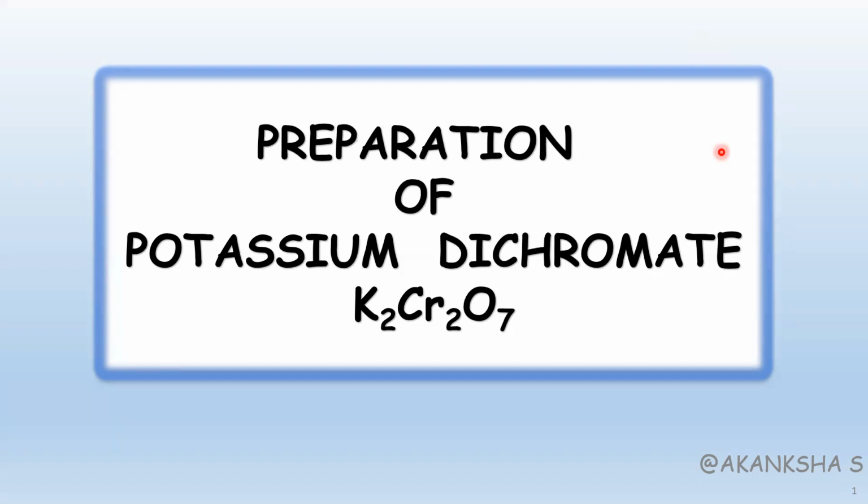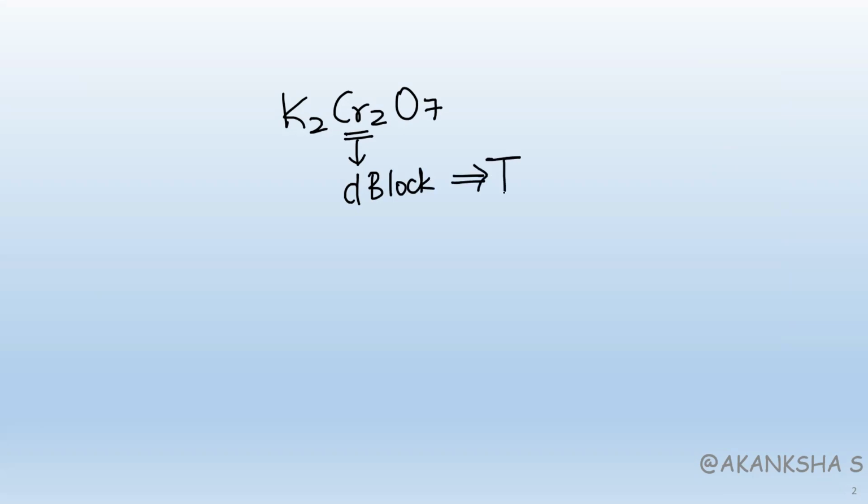Let's start with understanding what is potassium dichromate. Potassium dichromate itself is basically given by the formula K2Cr2O7, in which we need to focus on chromium. Chromium happens to be a d-block element, or as we famously know it, a transition element.